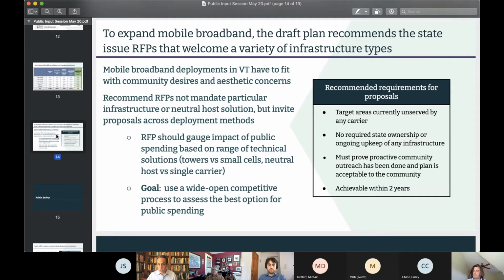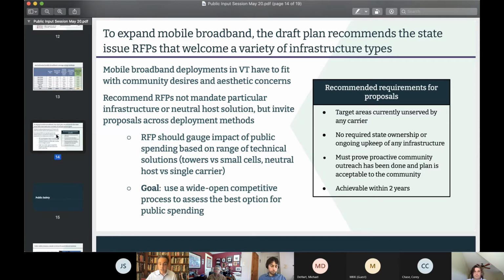Our recommendation that we actually shared in an earlier concept paper: if there was funding allocated as part of the ARPA resources or other resources for cellular connectivity, how the state could go about utilizing those resources in an efficient way.